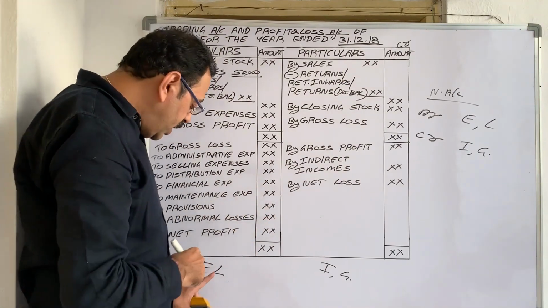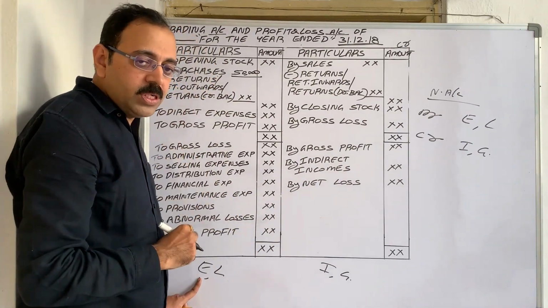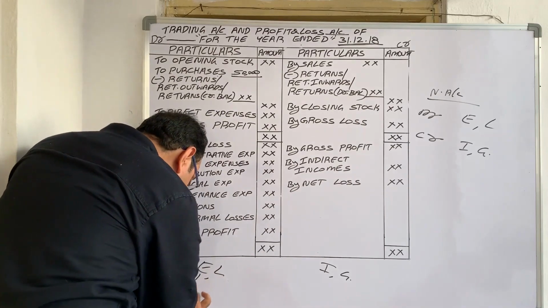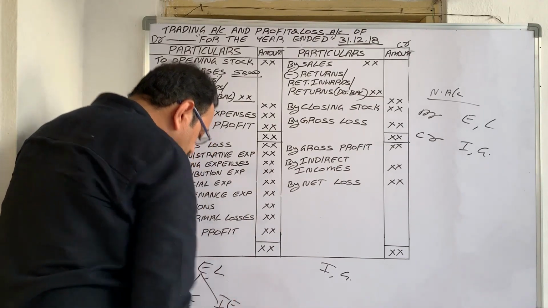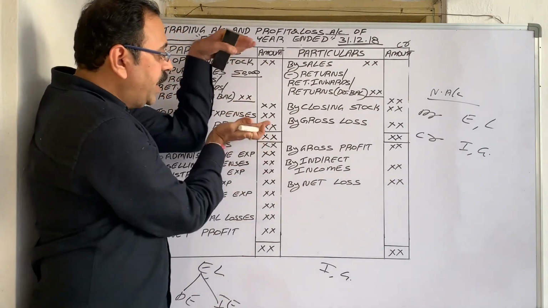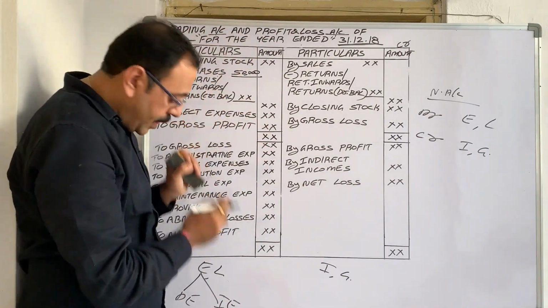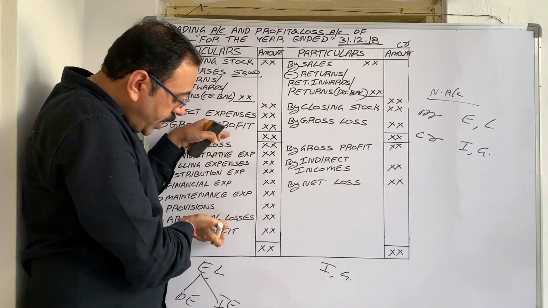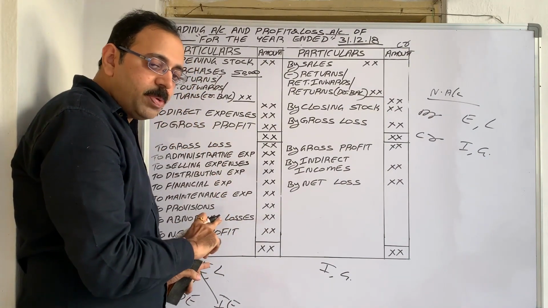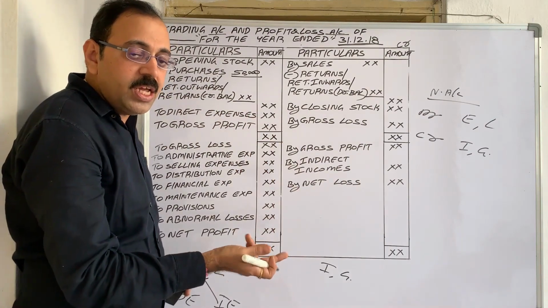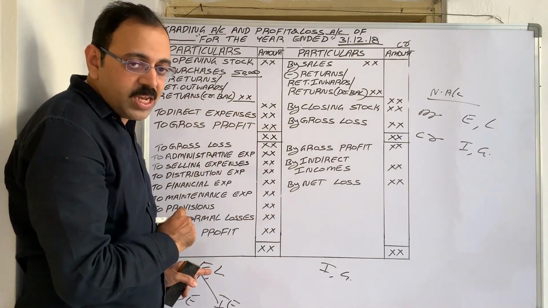These expenses are of two types: direct expenses and indirect expenses. Direct expenses we write on the trading account debit side, indirect expenses on the P&L account debit side. What is direct expenditure and what is indirect expenditure, I explained in detail previously.